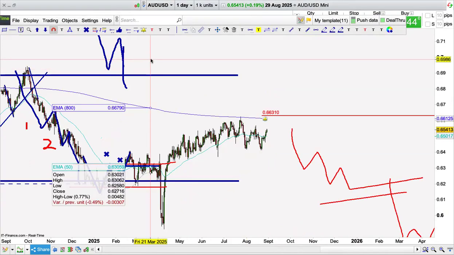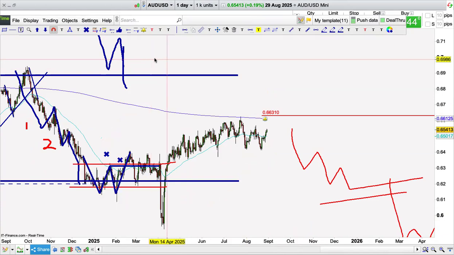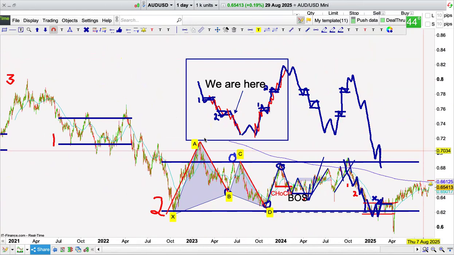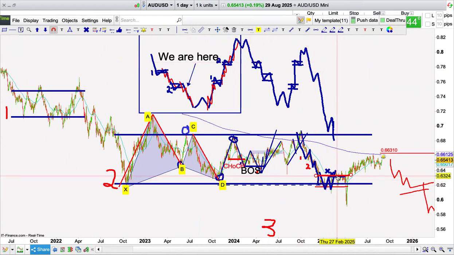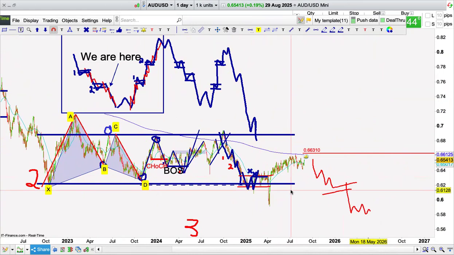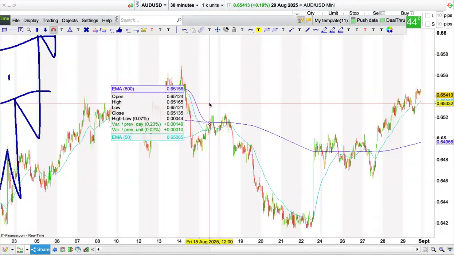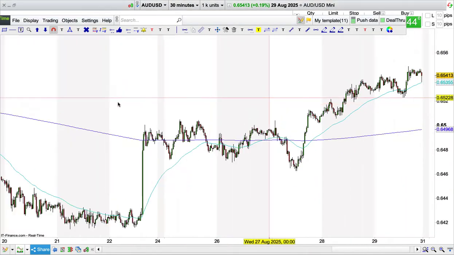AUD, this guy is still hanging around in the ether. If we look at it, we are here on the P, level 1, level 2, expecting to see a third drop and breakdown. It's just a case of trying to get into that one.